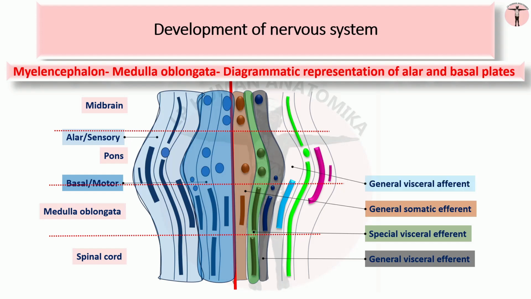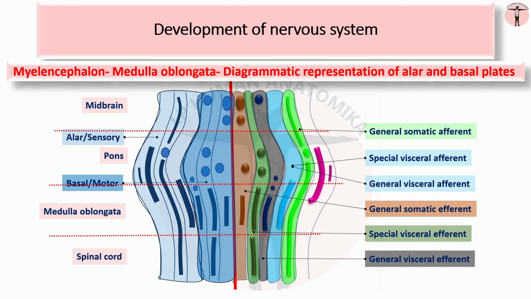General visceral afferent and special visceral afferent are represented by the same column. Lateral to them is the general somatic afferent column, and the most lateral is the special somatic afferent column.